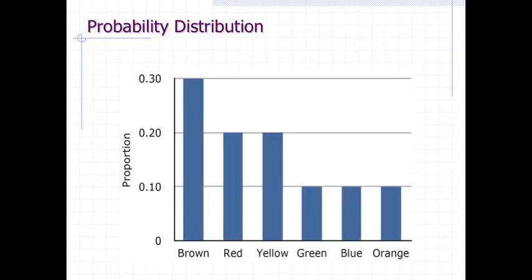However, they do not tell us the number of M&Ms of each color that they have ever produced. Instead, they report proportions rather than frequencies. This figure shows these proportions. It is called a probability distribution because if you choose an M&M at random, the probability of getting, say, a brown M&M is equal to the proportion of M&Ms that are brown.